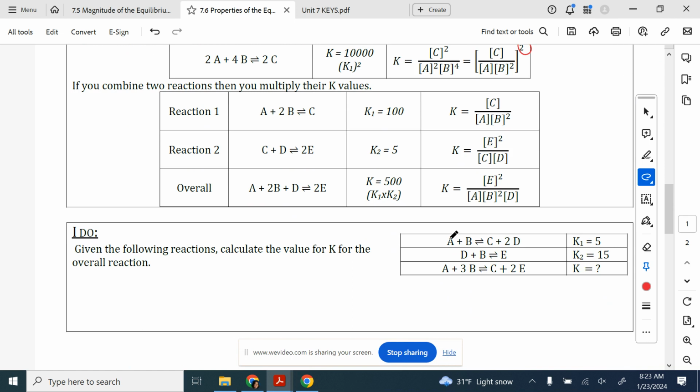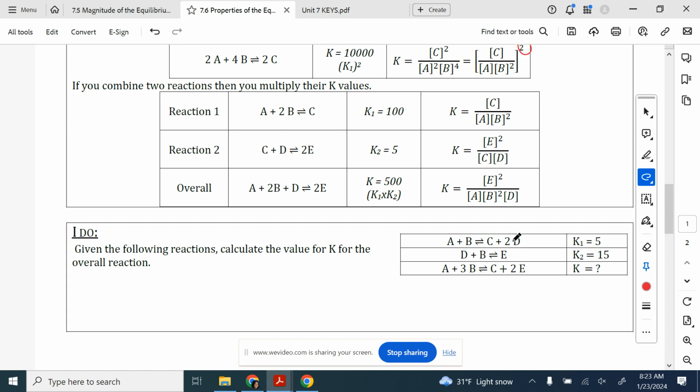All right. So we have our overall reaction down here, yes? Okay. We've got to figure out how to manipulate these in order to get that reaction. I've got my E on the right side.